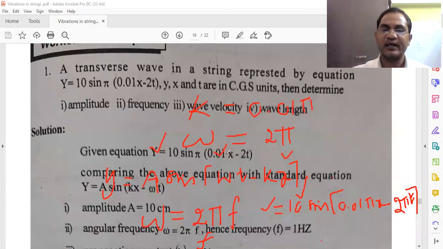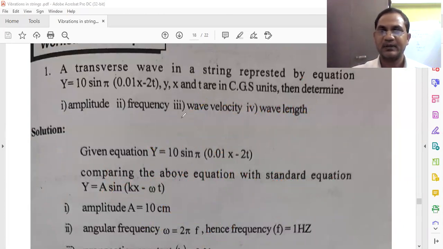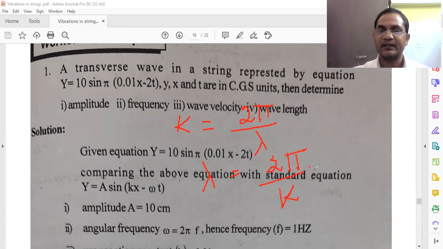Next, how to calculate wavelength? What is the relation between propagation constant and wavelength? k is equal to 2 pi by lambda. So from this, lambda is equal to 2 pi by k, which is 2 pi by 0.01 pi.